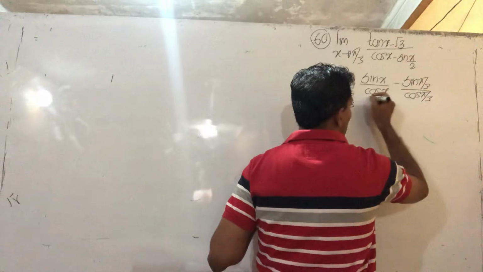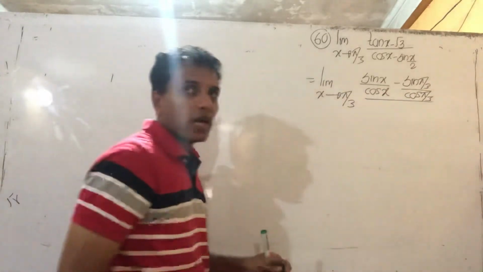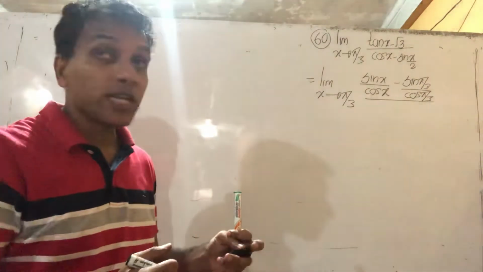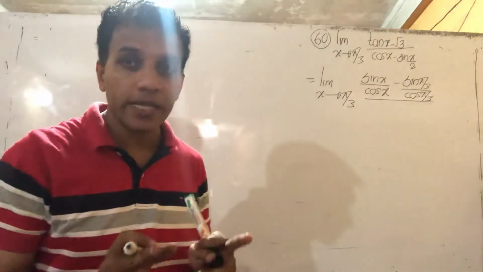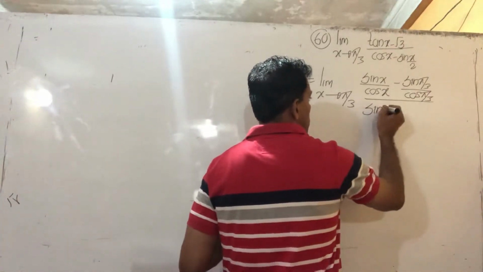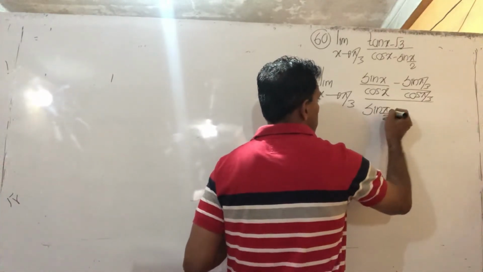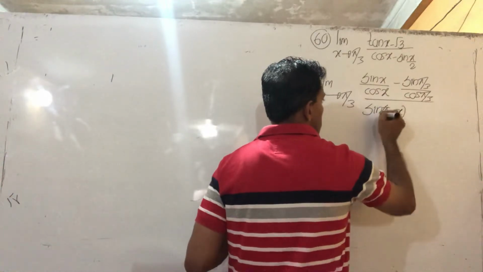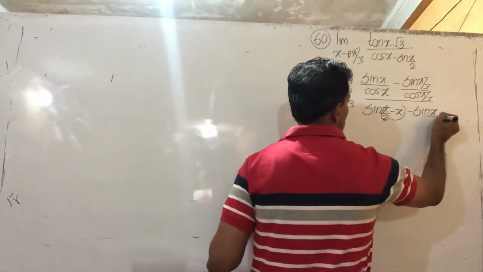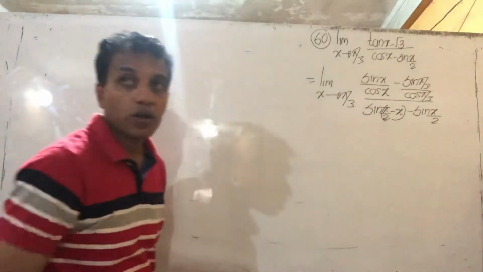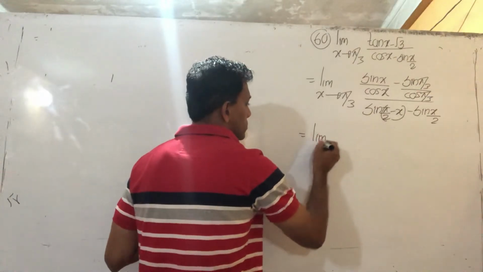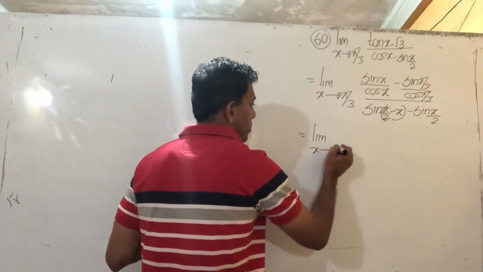First steps are very important. If you miss the first step, you can't get to the actual solution in a short time. As I mentioned, what is cos x? You write sine 90 minus x, minus sine x by 2. Okay, so hereafter, limit x tends to pi by 3.